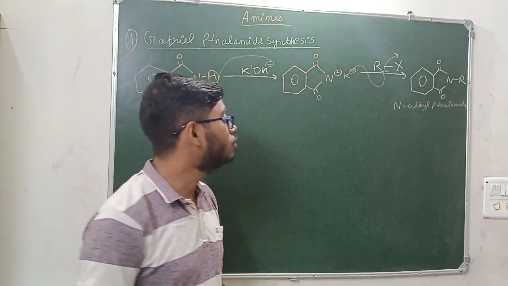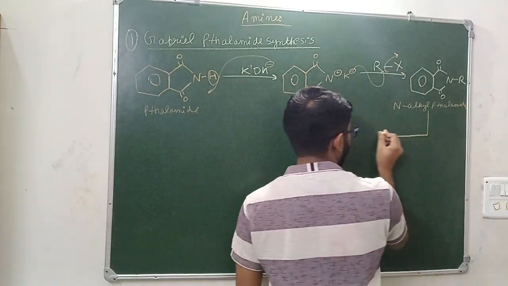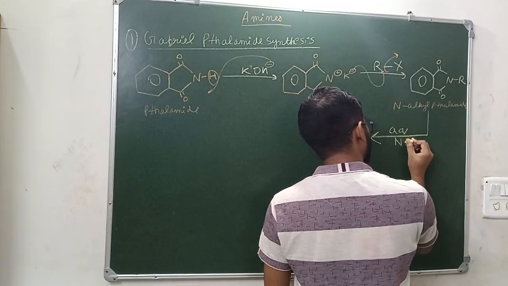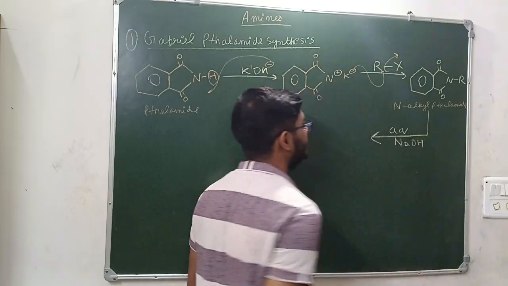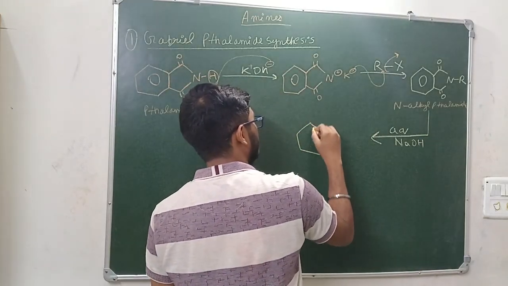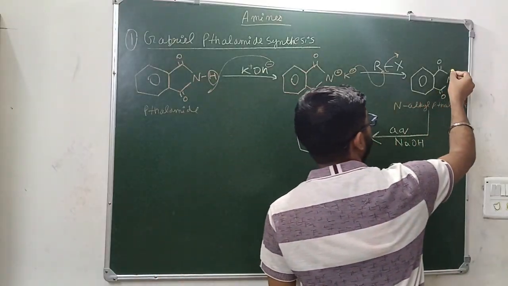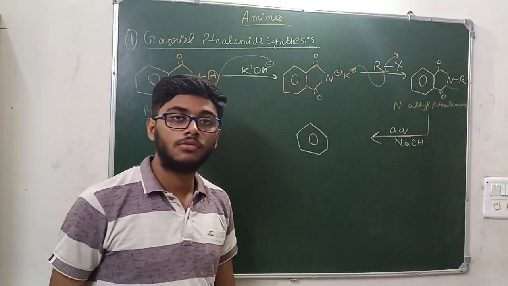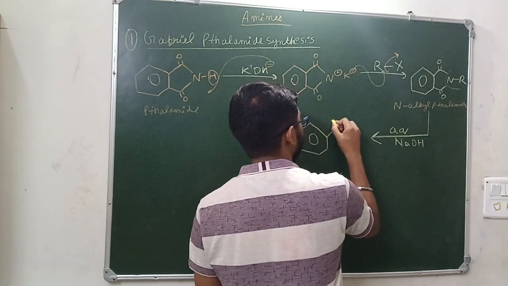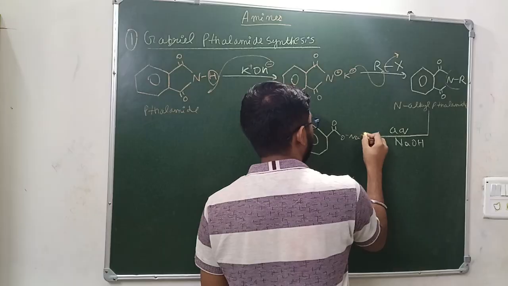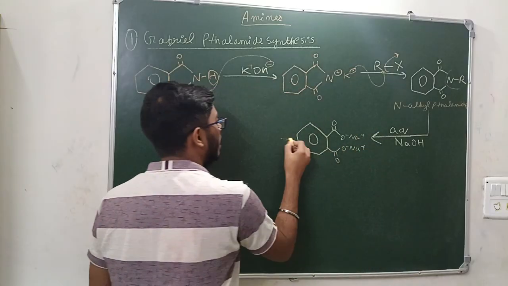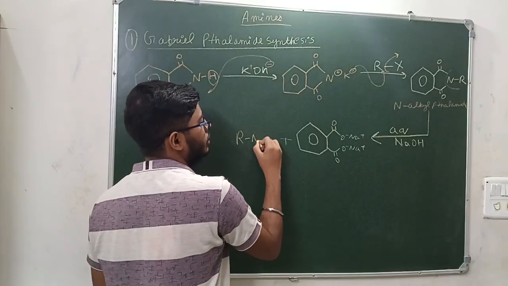Okay, the reaction is not completed. You have to react this compound with aqueous NaOH. What will it do? It will just take off this NR. So this will be converted like this, and R and NH2.